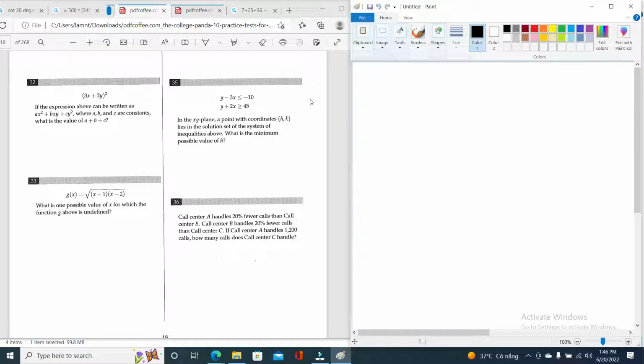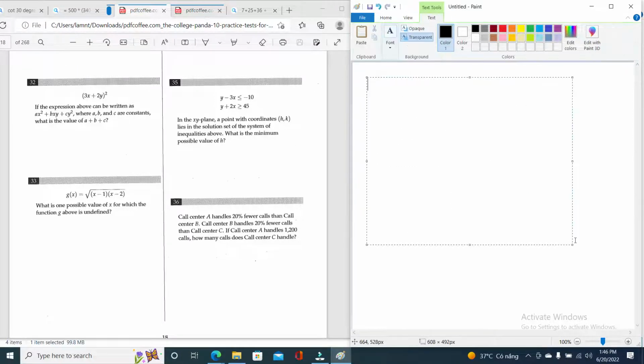With 35 you have to know which line it is. So y minus 3x is smaller than or equal to negative 10, and the original line is y equal to 3x minus 10.